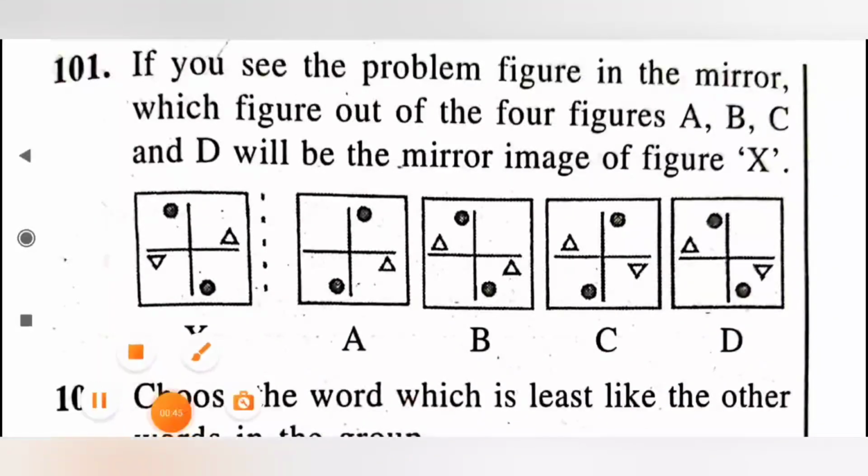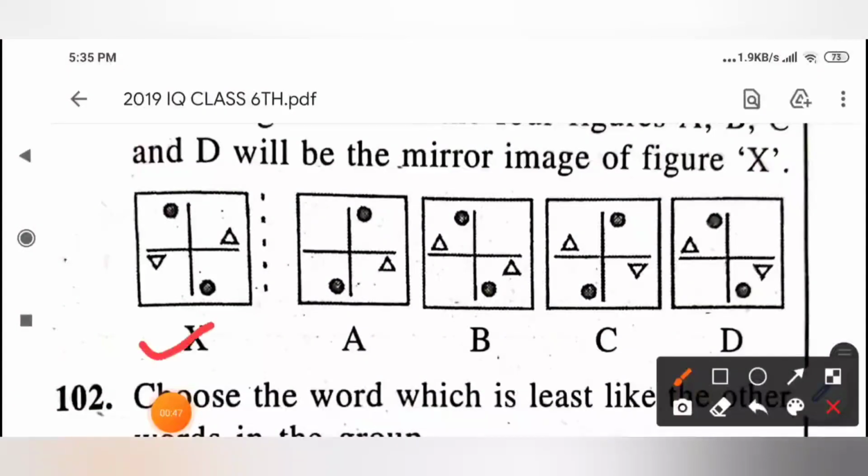See, figure X is given. This is figure X. When you see this figure in the mirror, how does it appear? In a mirror, there is lateral inversion, which means left appears to be right and right appears to be left. So here the middle plus symbol is same for all. This symbol never changes. It is there in all.